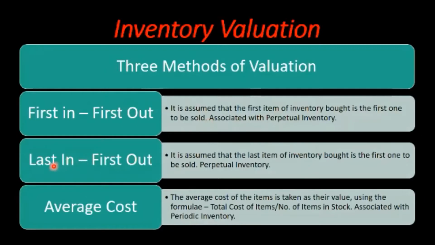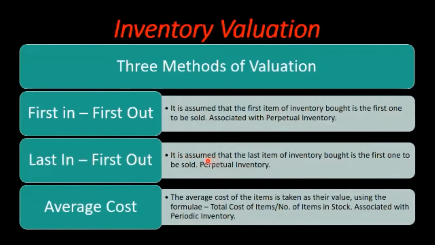Next, you have what is called last in, first out. And here it is assumed that the last item of inventory bought or the last item of stock bought is the first one to be sold. Again, you have to keep perpetual records if you want to use last in, first out.